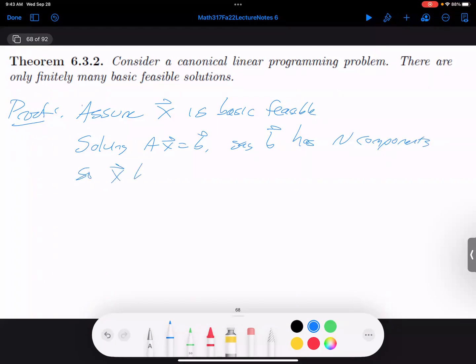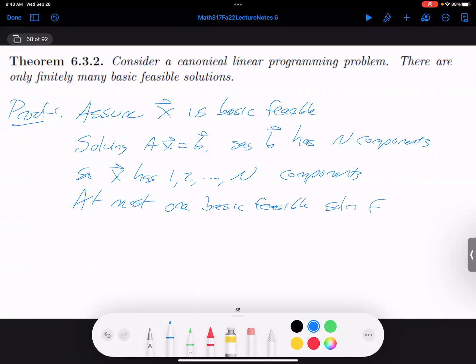So x has 1, 2, ... n components. For a given number of components, there's at most one solution. At most one basic feasible solution for each set of linearly independent columns.